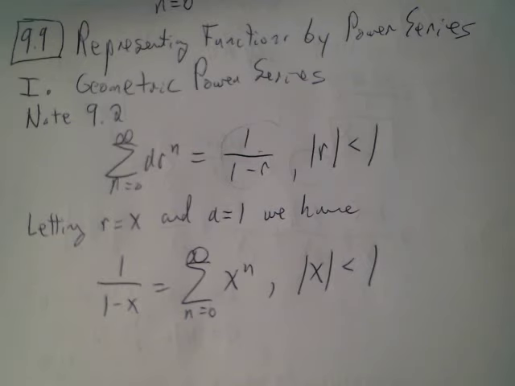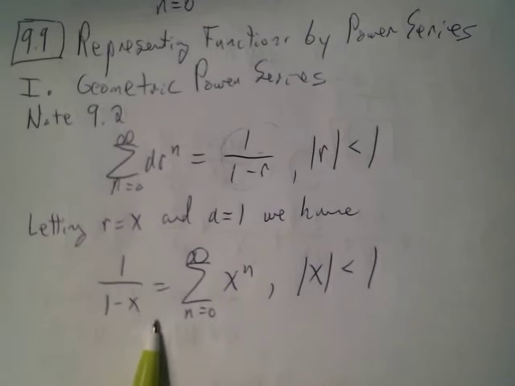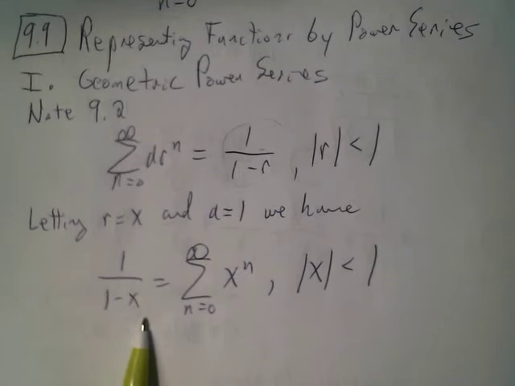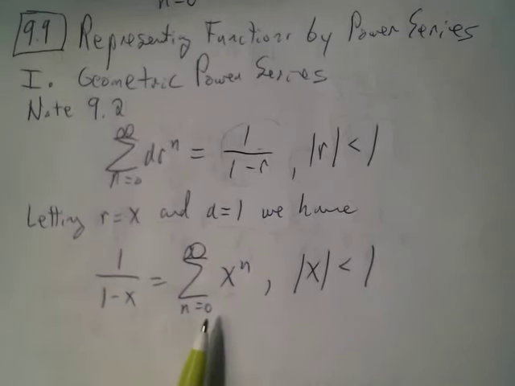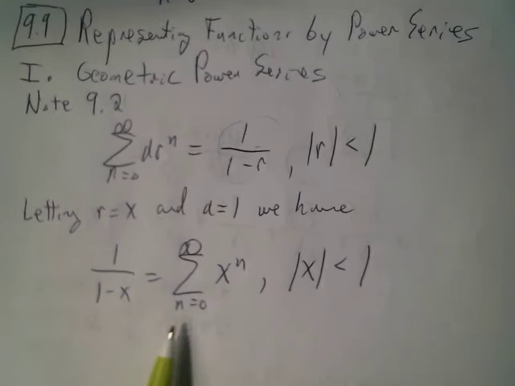So great. It seems like we've had the connection all along; we've just not made it explicit. In class, I think I sort of let the cat out of the bag already, but this is a power series representation.